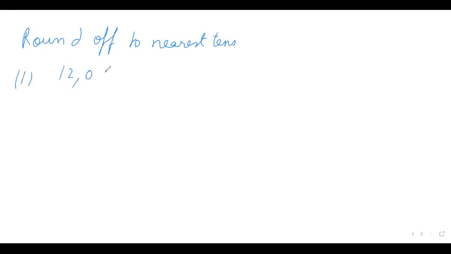Okay, so I'm just giving you some examples to try, both of you. Are you ready? Ma'am, Samarth is not answering something. Okay, so I'm writing some questions. To nearest tens, you need to do.